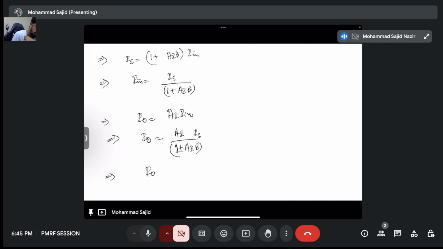So I naught by Is will be AI divided by 1 plus AI times beta. You can substitute the values. Everything is given: 116 divided by 116 times 0.25 plus 1. So it comes out to be 3.87.